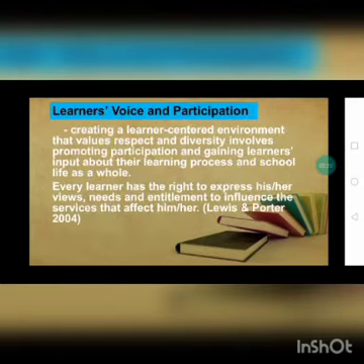Next is learner's voice and participation. What does this mean? Learner's voice and participation is creating a learner-centered environment that values respect and diversity, involves promoting participation and gaining learners' input about their learning process and school life as a whole.